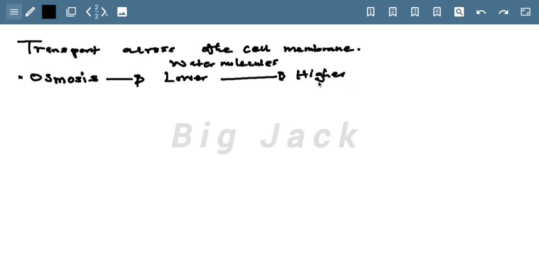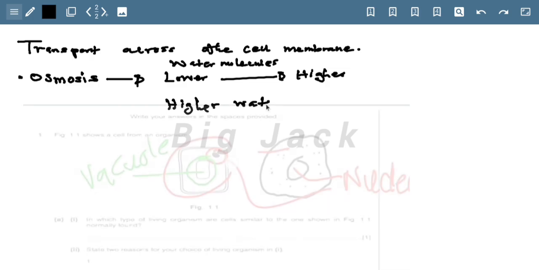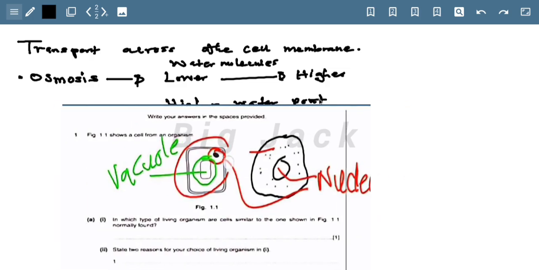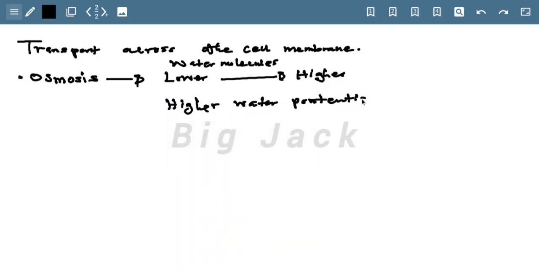But osmosis has two or three definitions depending on what terms you are using. When you talk of higher water potential, what does it mean? You talk of a region which has a lot of water, or high content of water, or higher water concentration.